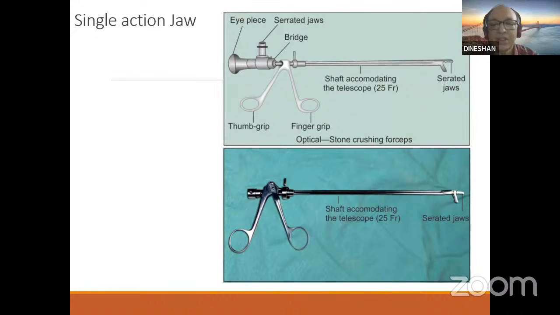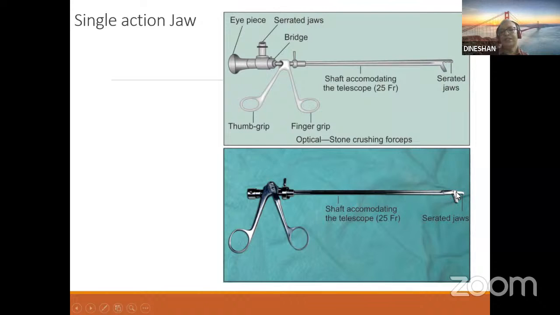This lithotrite can be accommodated in a 25 French sheath, and it is thumb operated. The serrated jaws will be here, and you can hold this. You use a 30-degree scope, and the stone can be crushed using this.